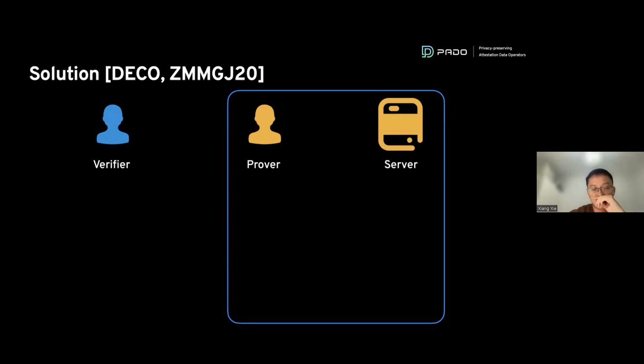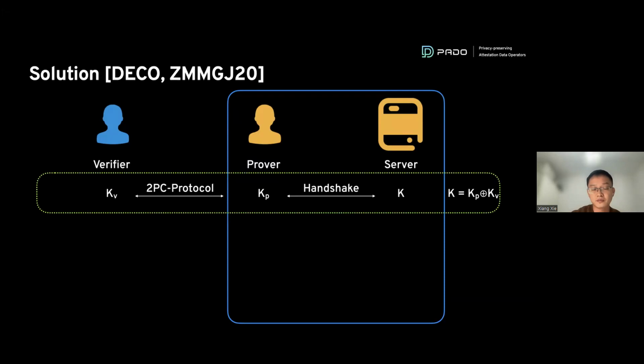Instead of the prover, as a client, running the TLS session with the server, the verifier and the prover run a two-party computation protocol to connect with the server in the handshake part. At the end of the two-party protocol, the prover and the verifier will have shares of the session key, which are K_P and K_V.